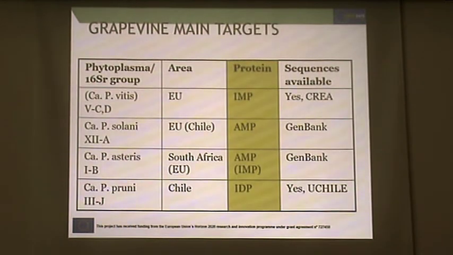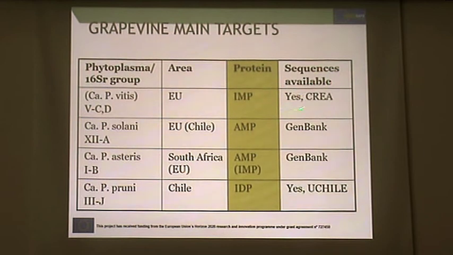And here is the most important part, because actually this table was not complete, and I could complete it yesterday with the discussion that we had with the groups. So our main target in grapevine could be, among brackets you see the name which is not official, and maybe will never be, the Phytoplasma flavescens, the fifth group, for which the protein is the IMP.